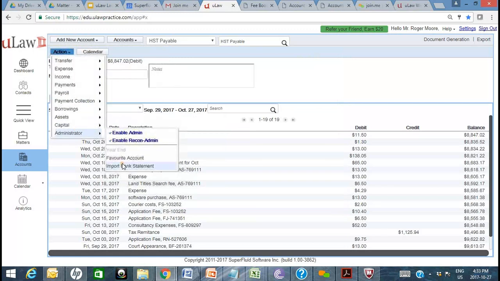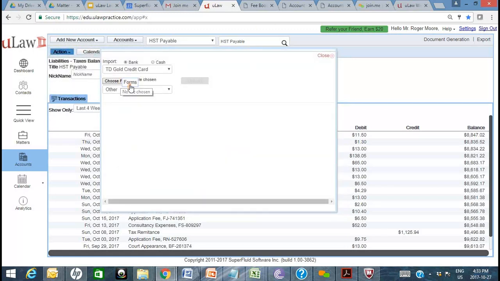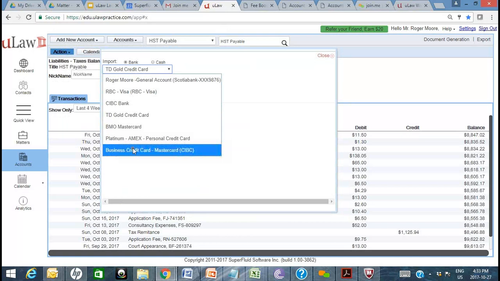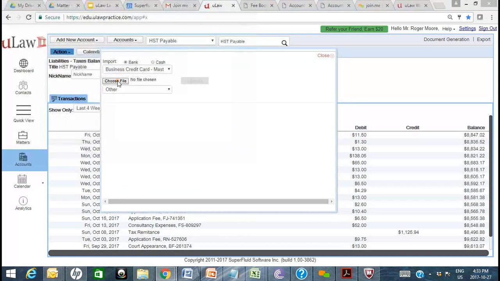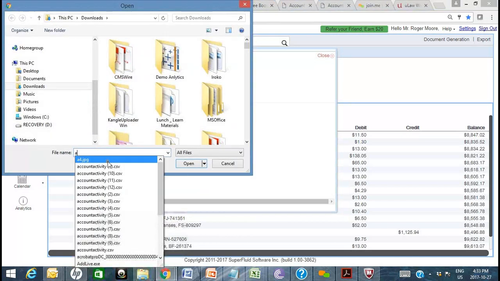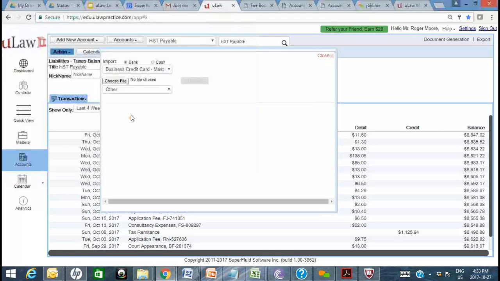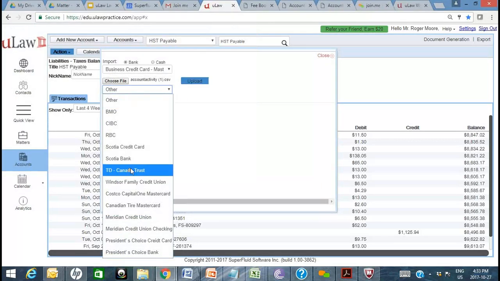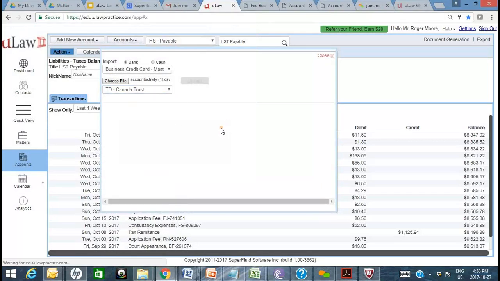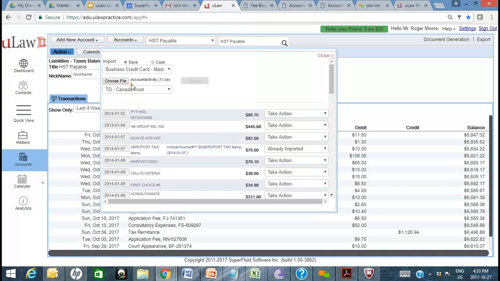So if you notice, I used the same file number.